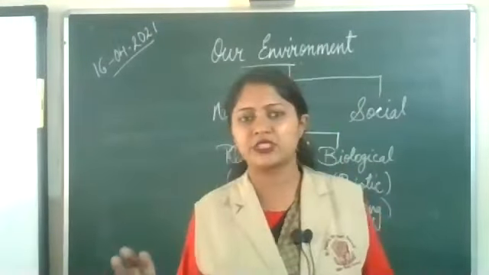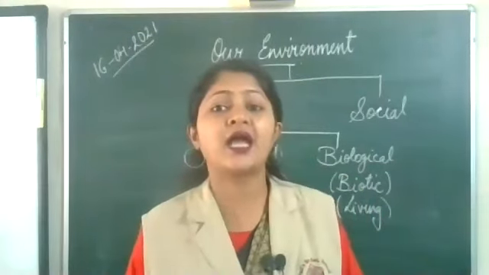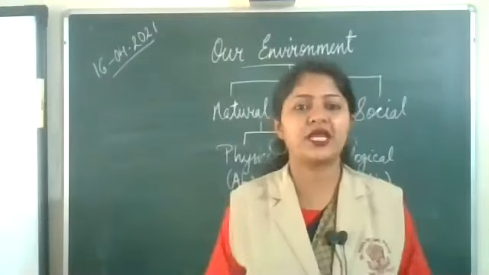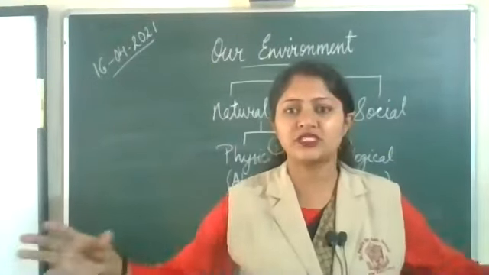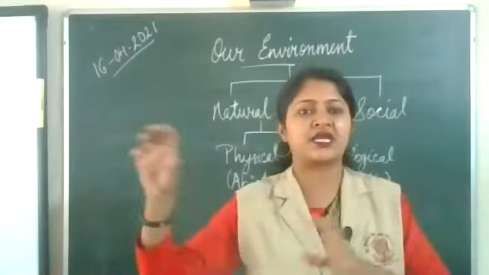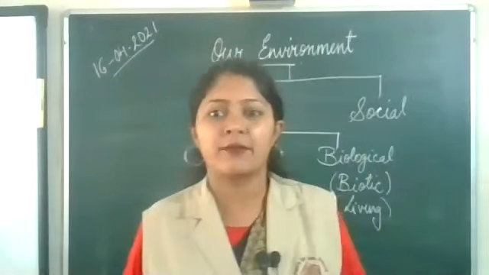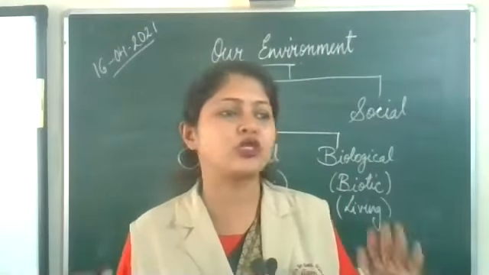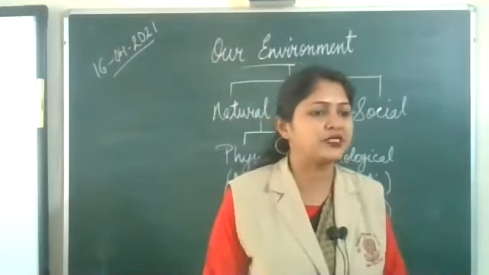So, we being responsible human beings, it is our duty towards the environment to take care of the environment, not only what is around us, not only those trees and animals and other living beings, but the other components also around us. Socially also we should be responsible children.